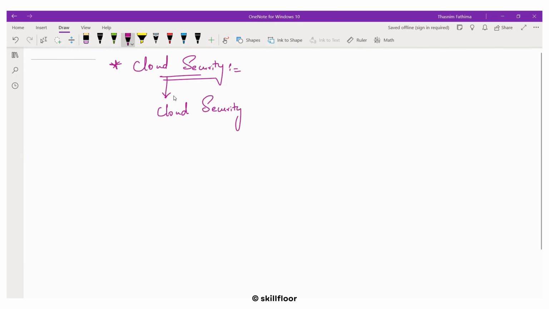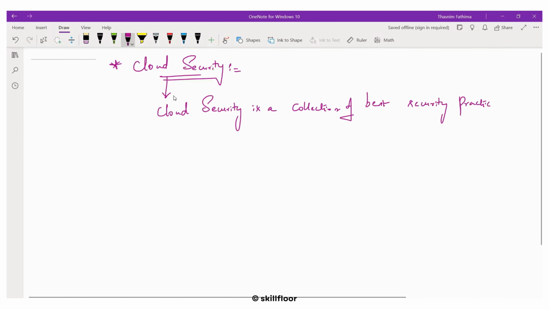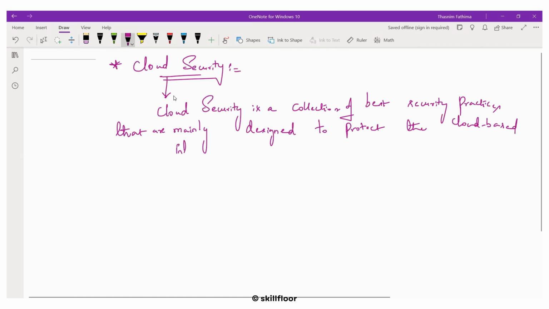Cloud security is a collection of best security practices that are mainly designed to protect the cloud-based infrastructure, data, and applications.